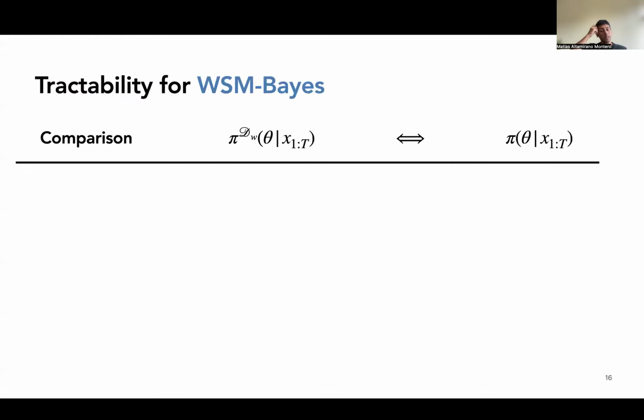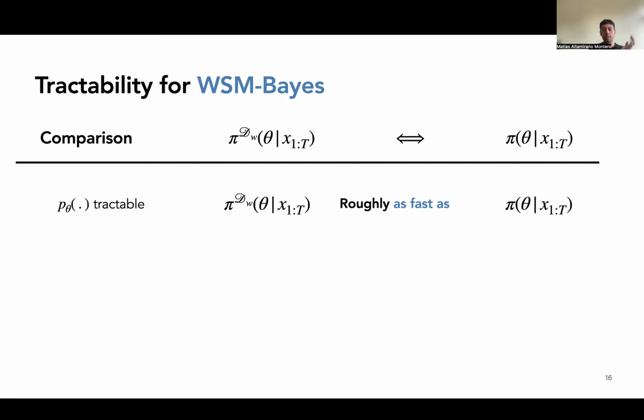First we'll focus on tractability, and then we'll see if it's robust or not. I'll show that it's robust. So we'll compare this WSM Bayes with standard Bayes. In the case that the likelihood is tractable, computing these posteriors is roughly as fast as the standard Bayes posterior, which is nice.